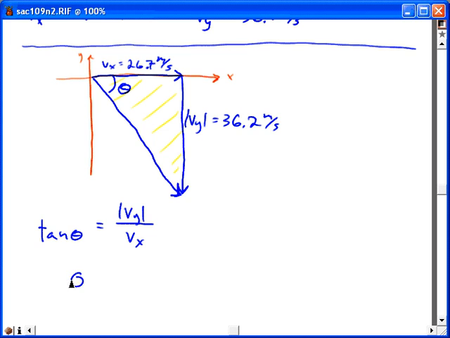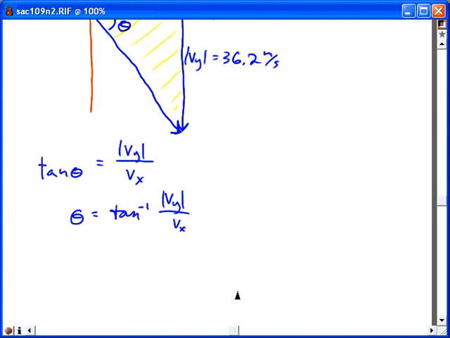And solving for the angle itself, I'll take the arctangent of both sides. I did that to get rid of the tangent here. The arctangent of the tangent is just the angle itself. And then on the right, I go ahead and take the arctangent.